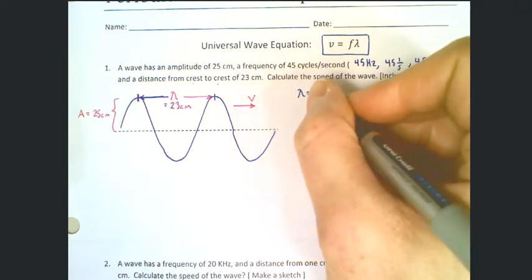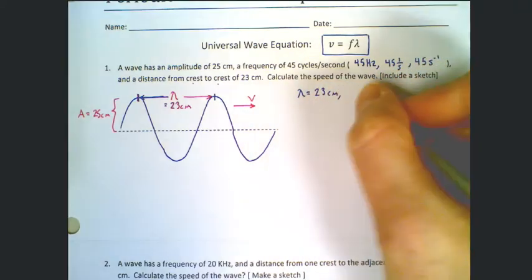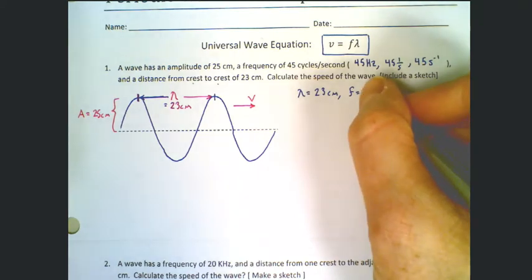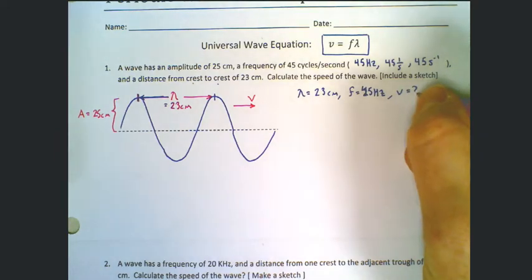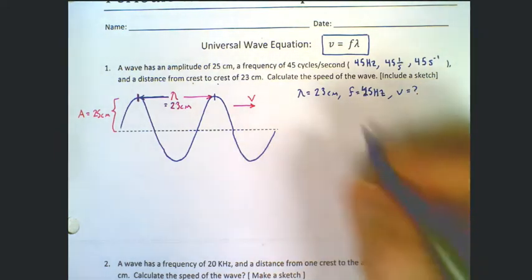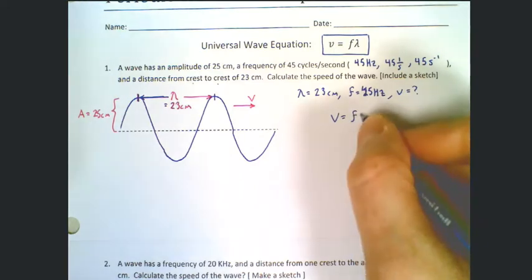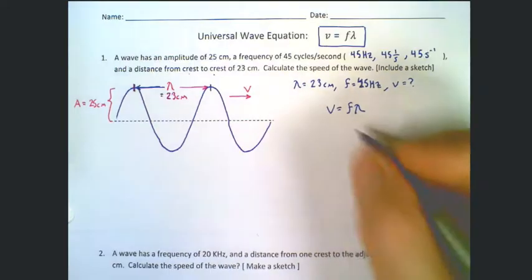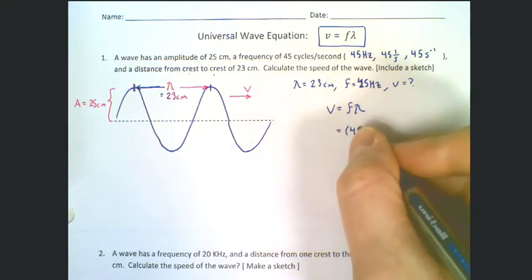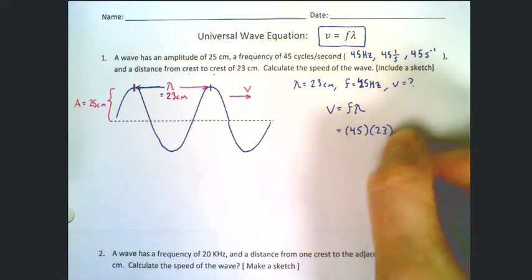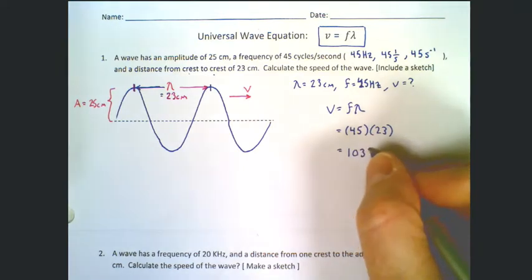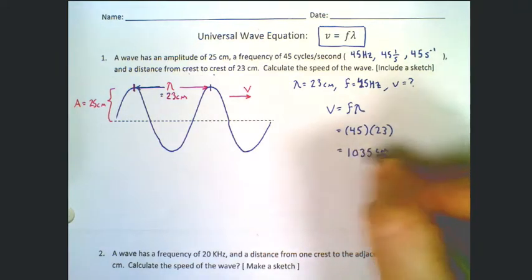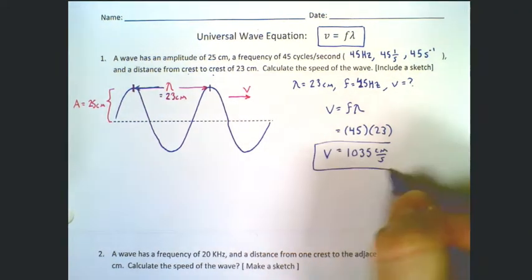We know the wavelength is 23 centimeters. We know the frequency is not 20, it's 45 hertz. And we're trying to find out the speed. Well, this is a simple problem. We don't even have to rearrange the formula. So we'll start out easy. V equals f lambda. We've got 45 times 23, which gives us 1,035 centimeters per second as our speed.